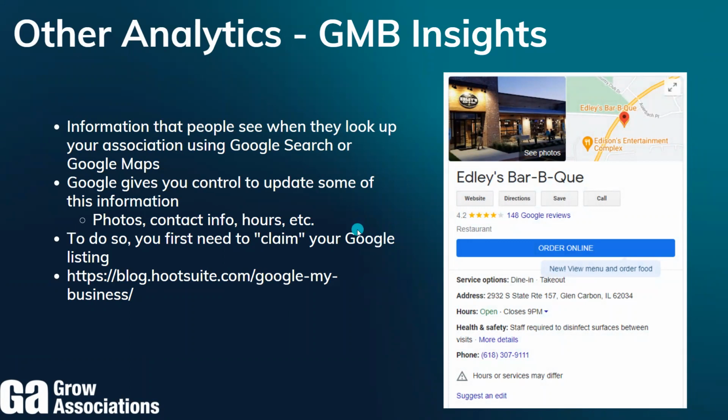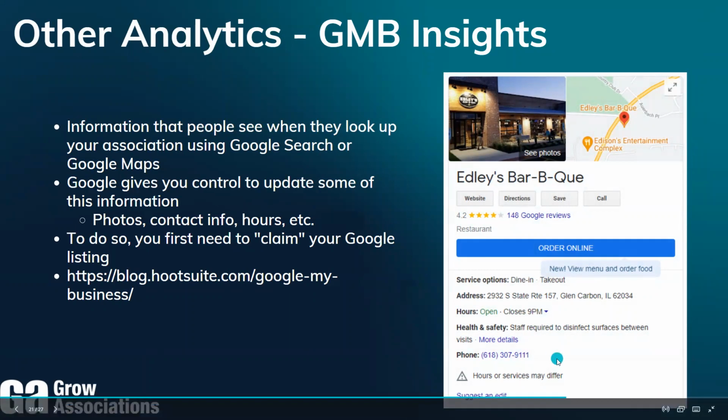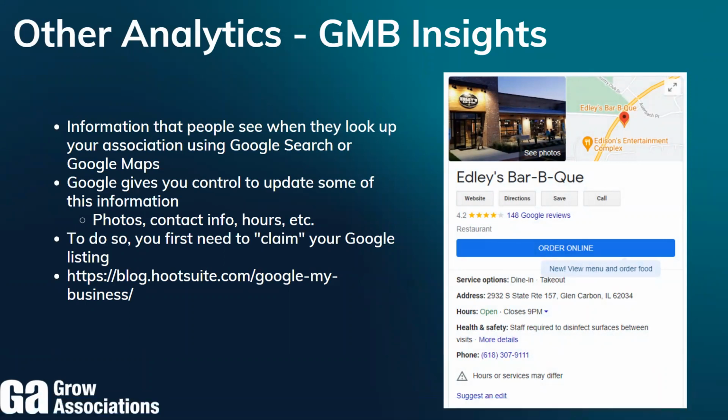And the cool thing is Google does give you control to update some of this information. So if you change your hours for a season, if you change your phone number, any sort of basic contact information or service information, you will be able to do that if you claim your association or create a Google My Business profile for your association on Google.